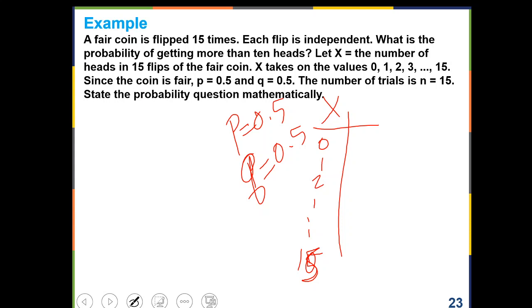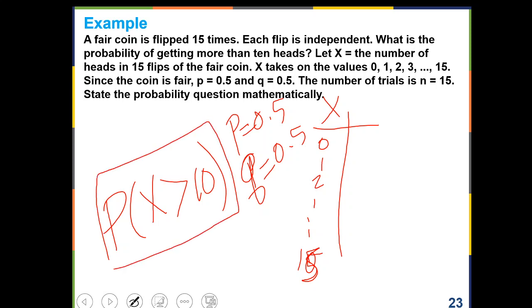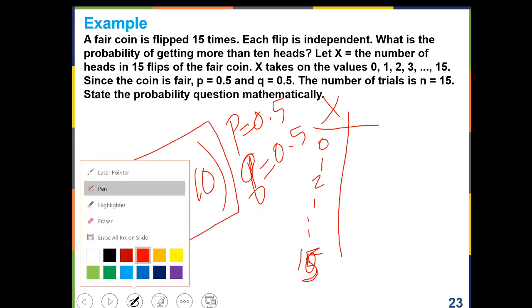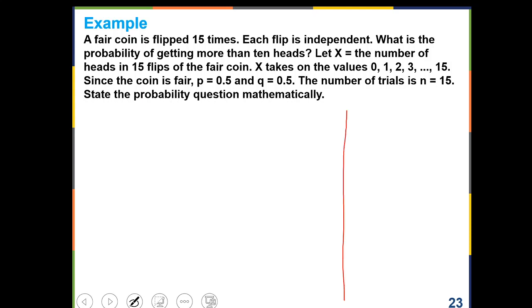It says, what is the probability of getting more than 10 heads? So we want to find the probability that X is greater than 10. We're going to see how to do this in a second. But for now, what we want is this. See, here are the values of X. Let's say we go all the way to 9, and then more than 10 here.